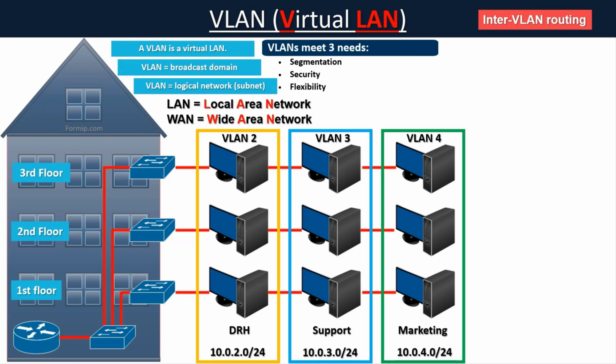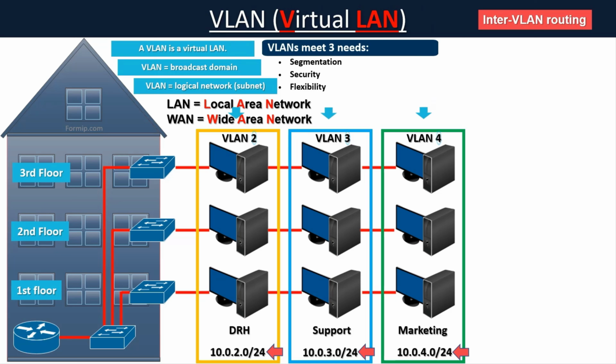Each VLAN is associated with a subnetwork. This makes routing easier when there are several VLANs. To do this, you have to connect each VLAN to a router interface, and that way, the VLANs will be able to communicate with each other through the router, without being polluted by the broadcasts of the other VLAN.